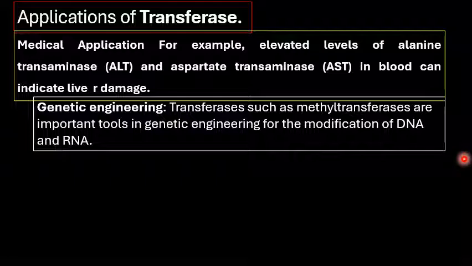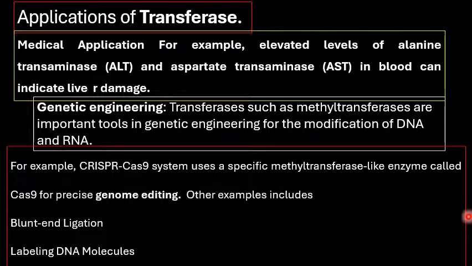In genetic engineering, transferases also play a crucial role, such as in modification of DNA or RNA. They play some of this role by facilitating the transfer of functional groups like nucleotides between molecules of DNA and RNA, especially in terms of DNA synthesis and so on.